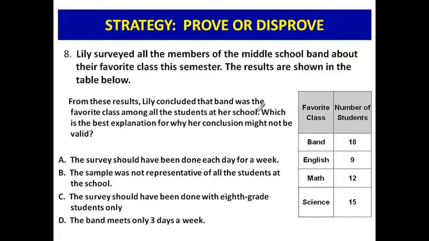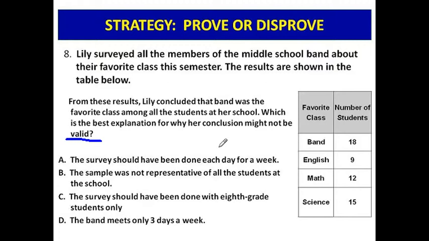Which is the best explanation for why her conclusion might not be valid? Do you remember when we talked about sampling methods, and biased is bad and unbiased is good? Well, we want to know why her conclusion might not be valid, or why it might be biased.